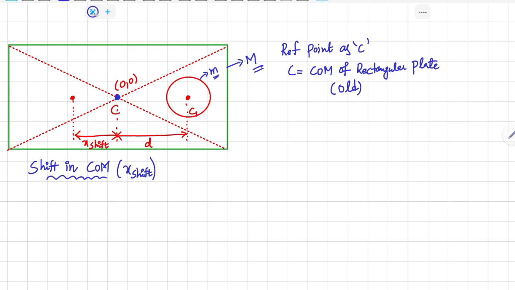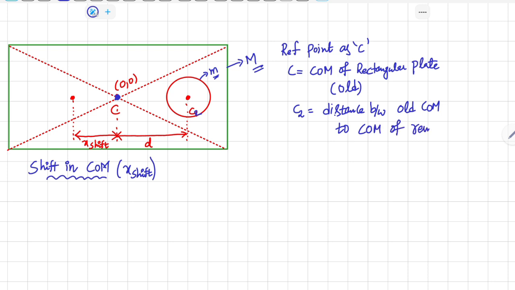Let me consider this as C2. C2 is the distance, which is very important. It is the distance between the old center of mass and the center of mass of the removed portion.